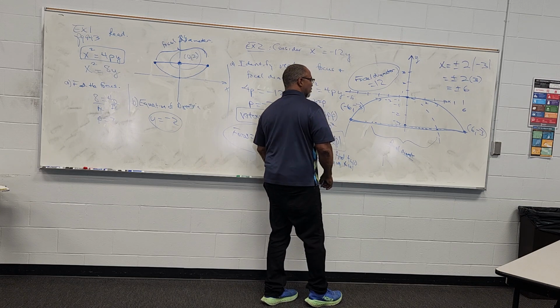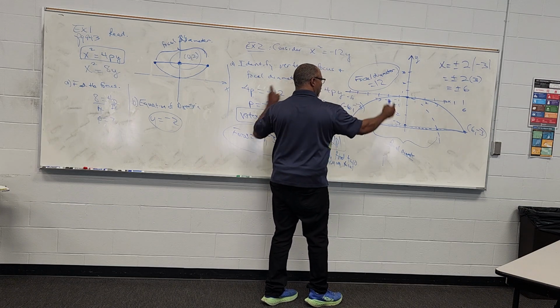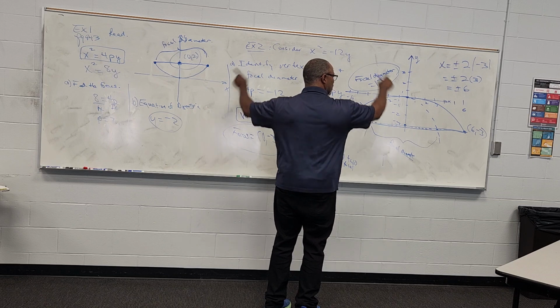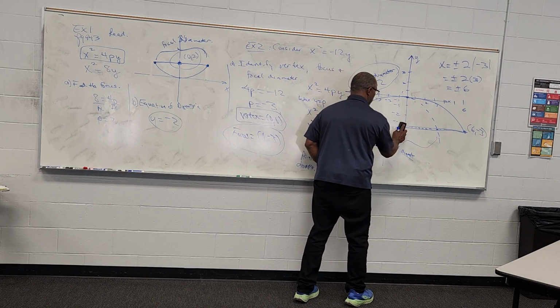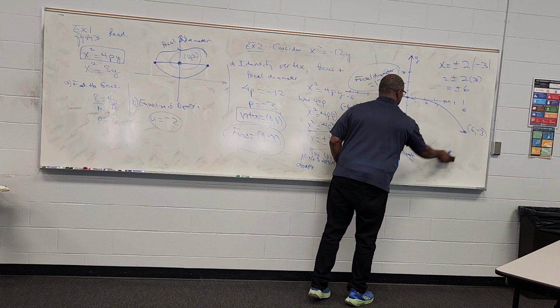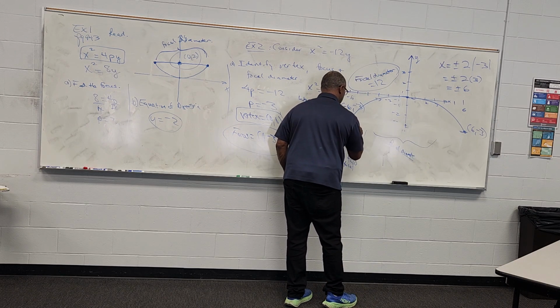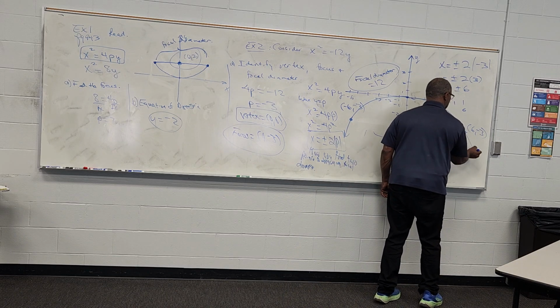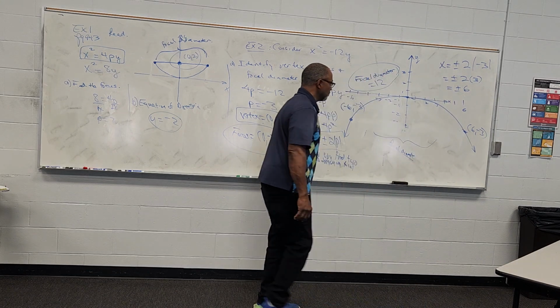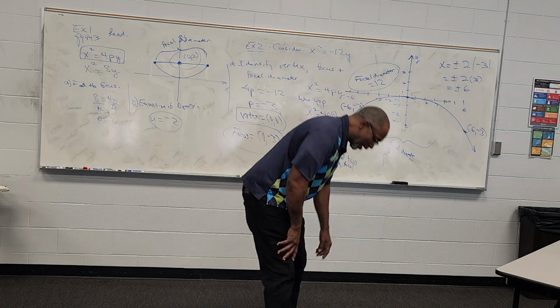The focal diameter is important because it gives us an idea of the curvature of the parabola. I didn't really need to draw that line segment, but it for sure helped me determine the curvature of my parabola. Now I know exactly what my parabola looks like. So that's how we're going to graph these parabolas.